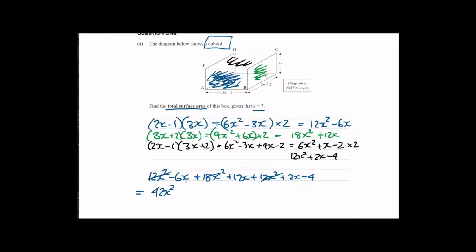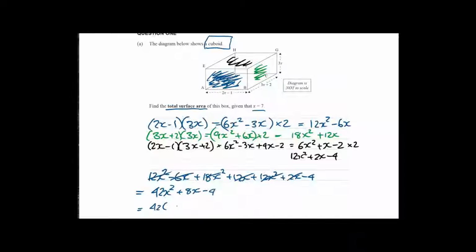And then minus 6x plus 12x plus 2x, so that's going to be 8x. So the x's are done. Minus 4.